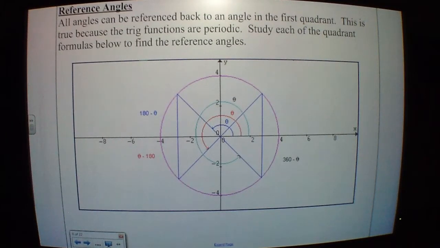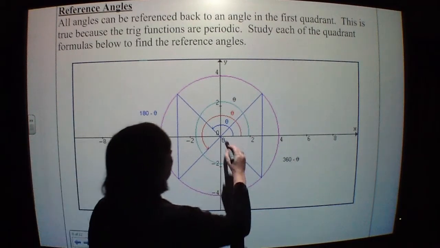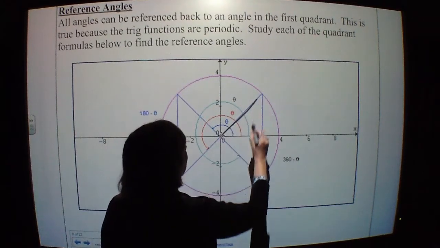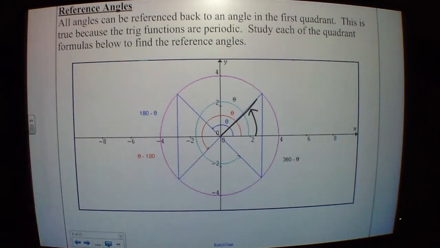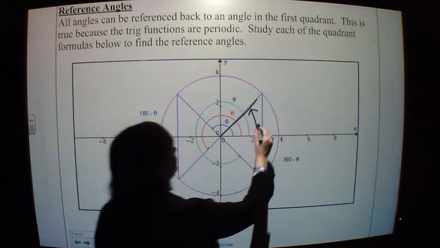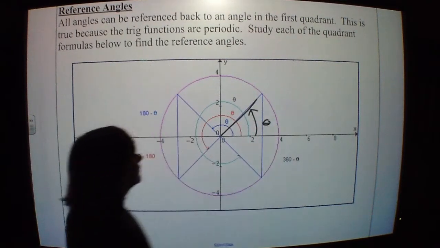Reference angles. You can reference all angles back to the original angle in the first quadrant. And the reason is, if I'm just in this first quadrant, I might have some angle there. Okay? Which is theta. There's my reference angle.